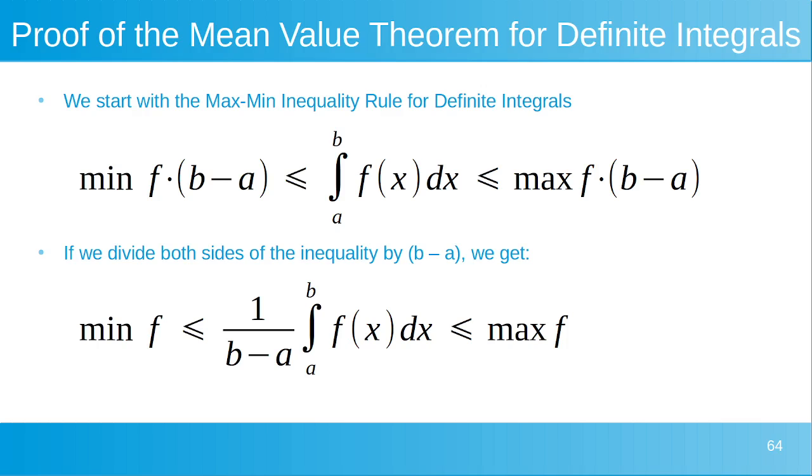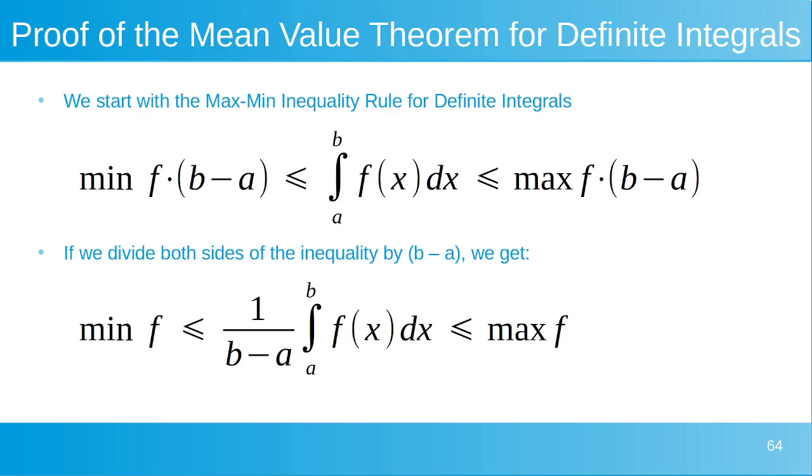So here we have our proof of the mean value theorem for definite integrals. We start with the Max-Min Inequality Rule for definite integrals. Min f times b minus a is less than or equal to the integral from a to b of f of x dx, and that is less than or equal to max f times b minus a.